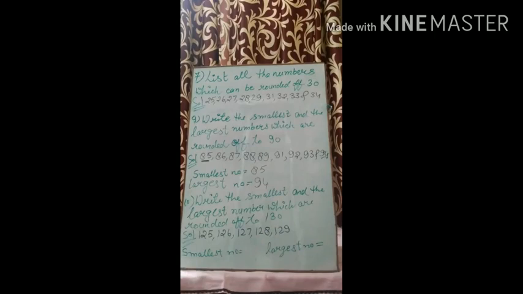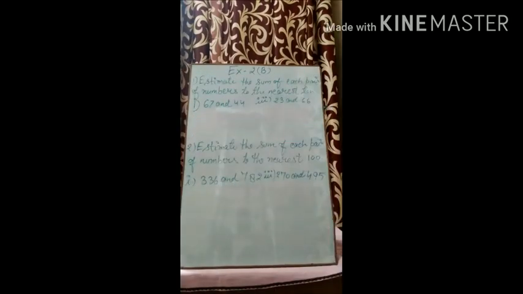All these are rounded up to 130. 131, 132, 133 and 134. All these are rounded down to 130. The smallest number is 125, and the largest number is 134. The next exercise is 2B.